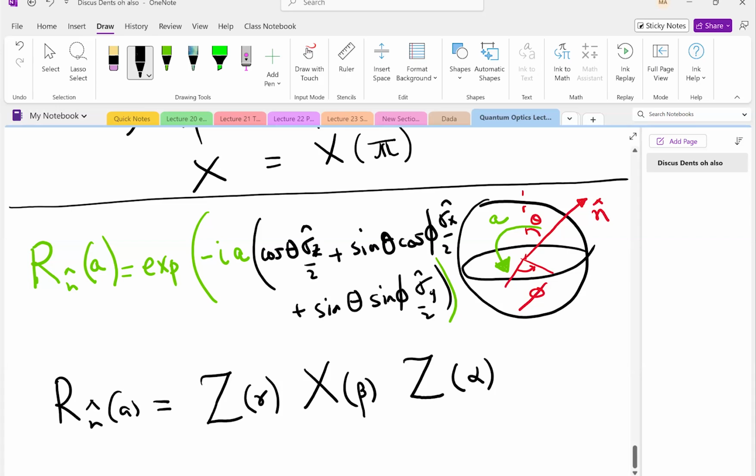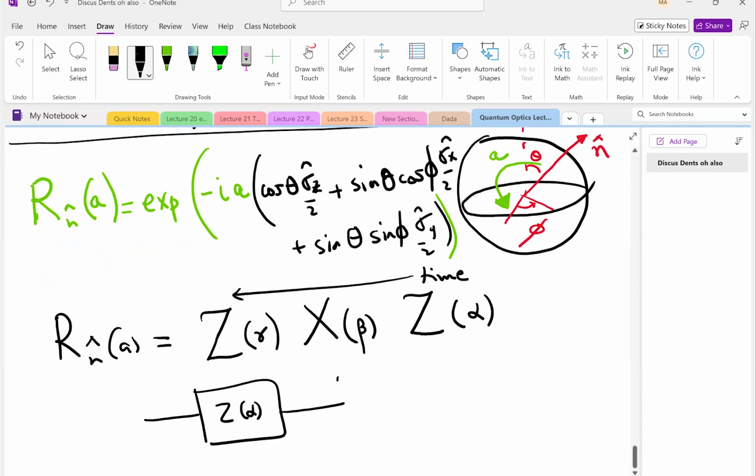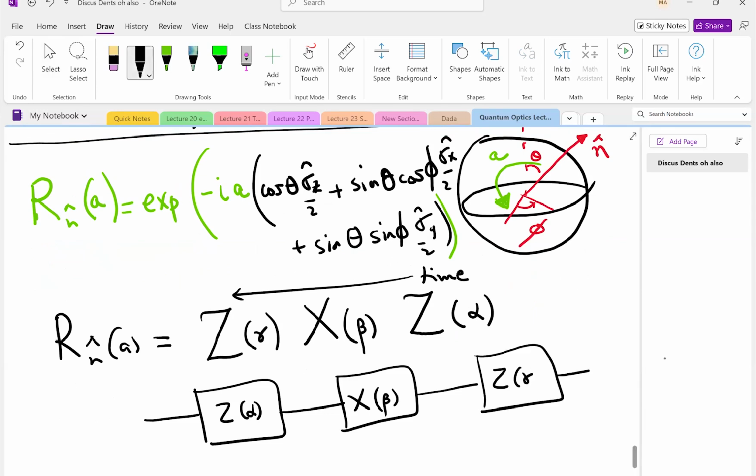Remember, when I write out unitary operators in this fashion, time is flowing from right to left. If I were to draw this diagrammatically in terms of a quantum circuit, this will be a Z alpha operation followed by an X beta operation followed by a Z gamma operation. So this is my ordering convention.